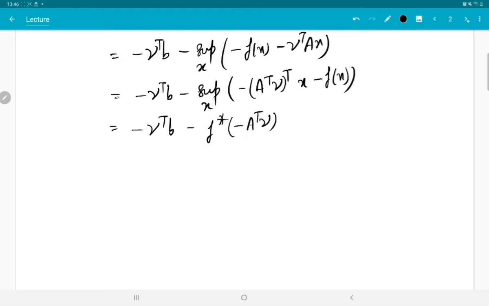So solving the original problem is equivalent to maximizing this, because the optimal values are the same. The dual optimal is the same as the primal's optimal. So we can just maximize this and obtain our primal's optimal.